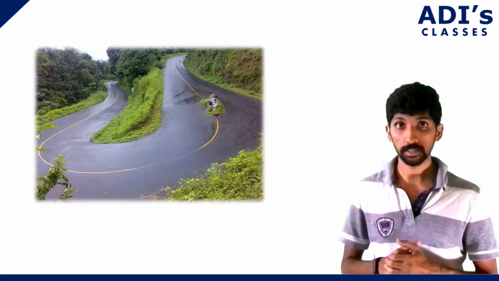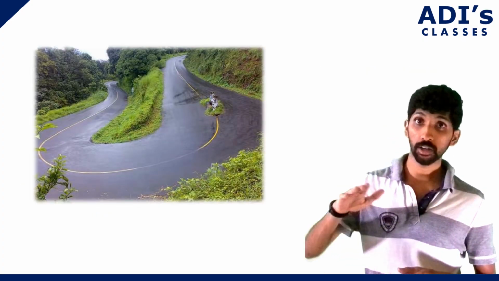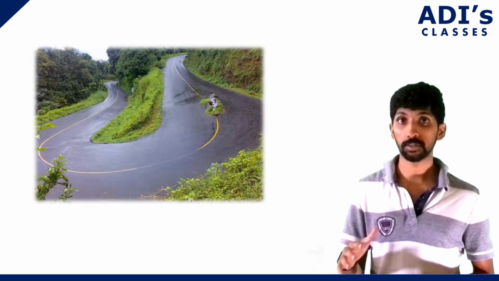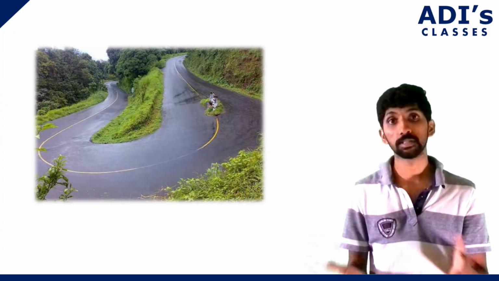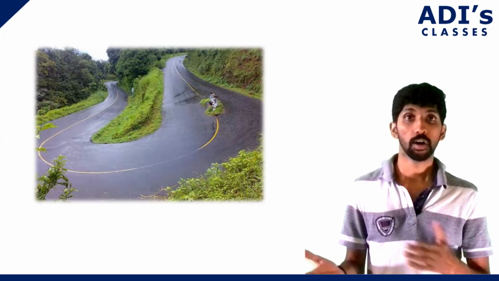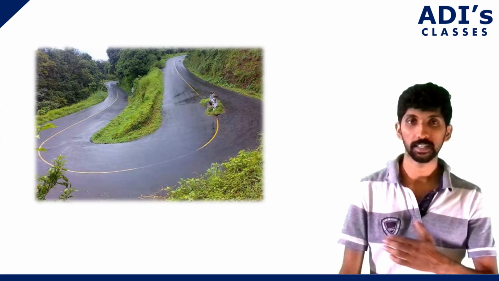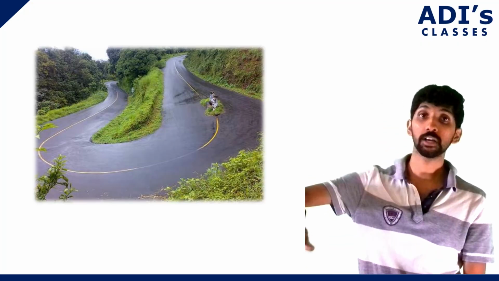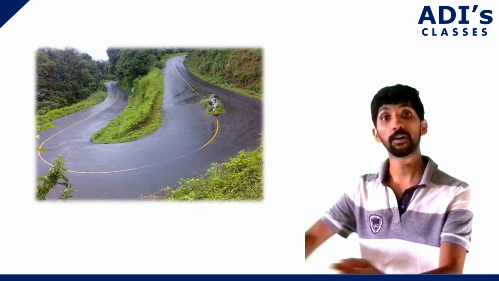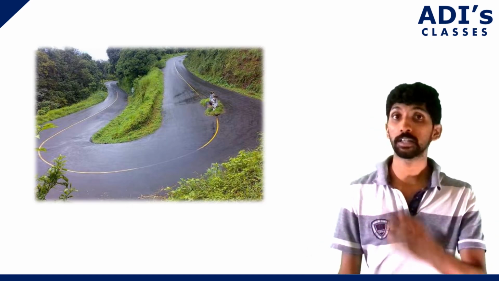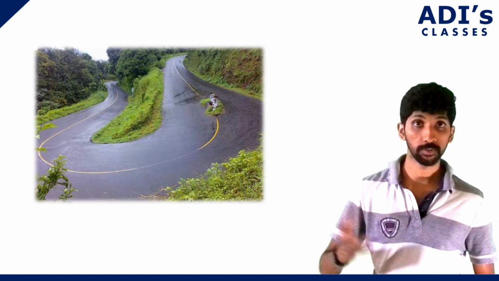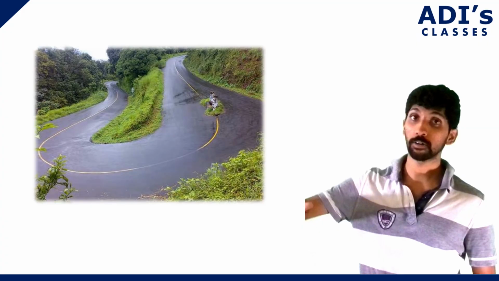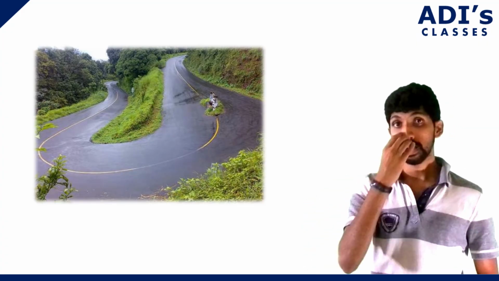Now if you look at this, the banking of the road clearly cuts down the friction requirement. In other words, whenever the road is banked, you can travel faster. Instead of 100 km per hour, I can go up to 150 km per hour. That's why banking of roads is very important.